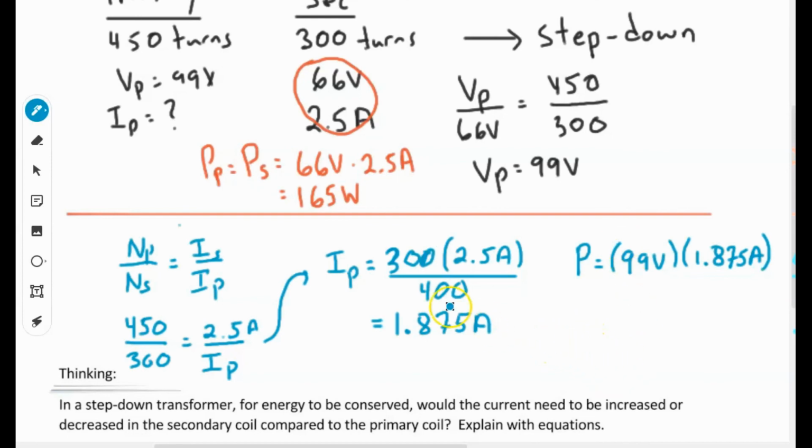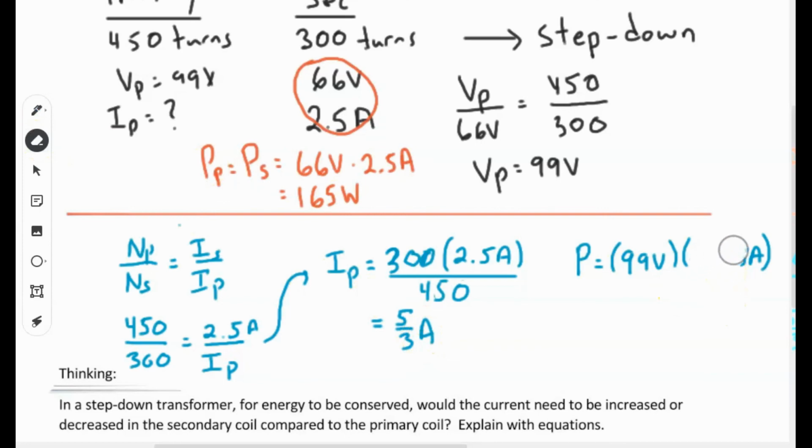And okay, yeah, so I got 185 watts. That doesn't mean conservation of energy is wrong. It's just because I accidentally put 400 instead of 450 turns. So let's just fix that. So 450, which is 1.666666, but just to be accurate, we'll do 5/3 of an amp.